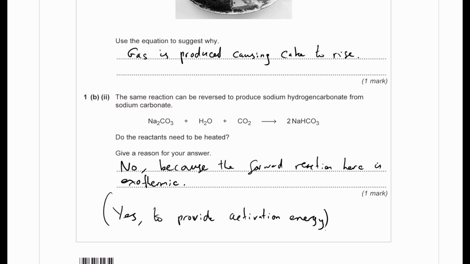Alright, so quite a broad question. I would have preferred it if they had told you whether you needed to supply activation energy. If they'd said no, then you would have had to say no, you don't need to heat it because the forward reaction is exothermic. But as it is, you could have said yes or no as long as you backed up your answer.